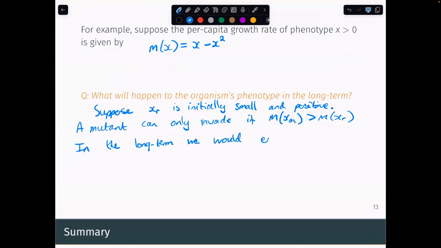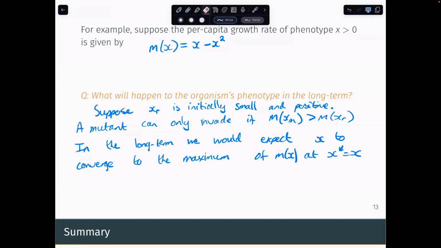Well, we'd expect X to converge to the maximum of M of X. So this occurs at X equals X star.